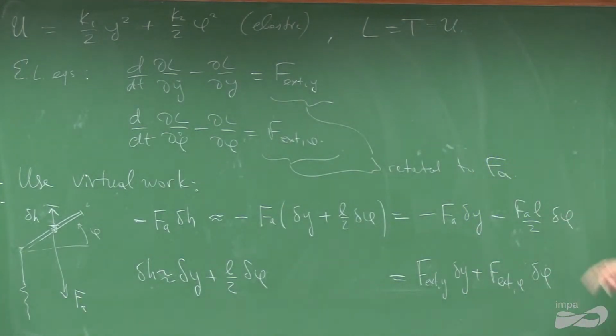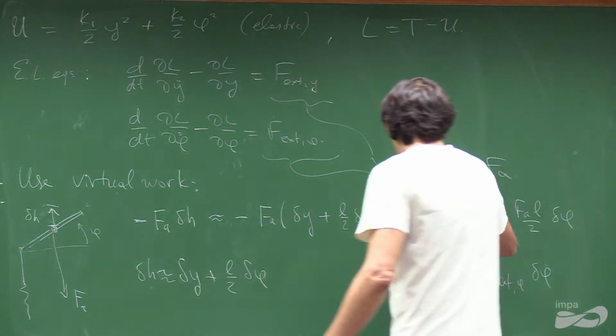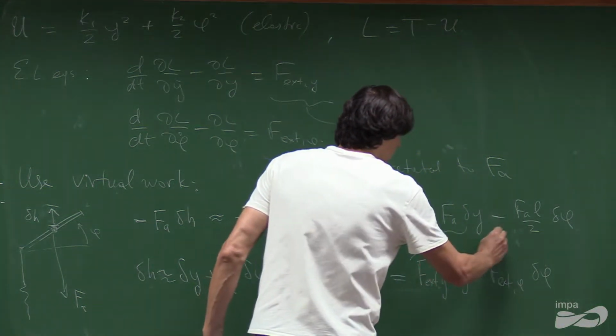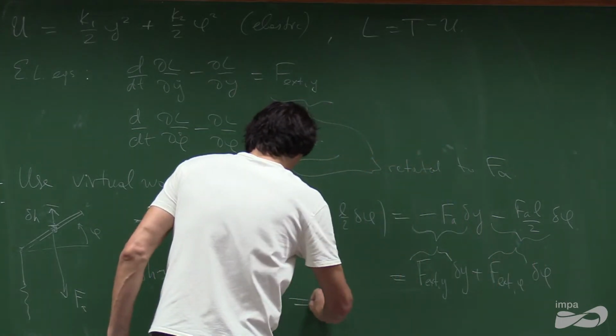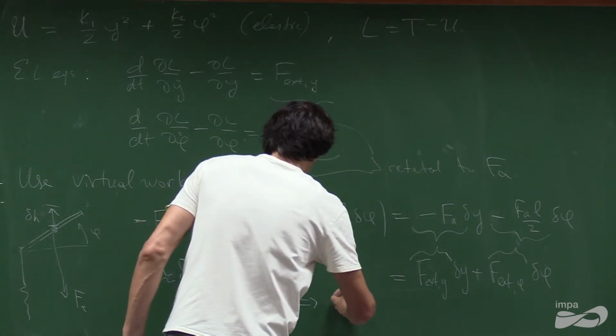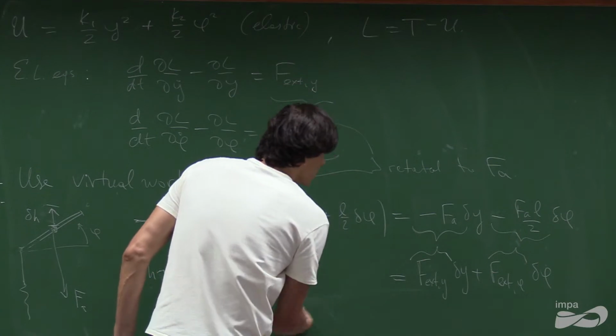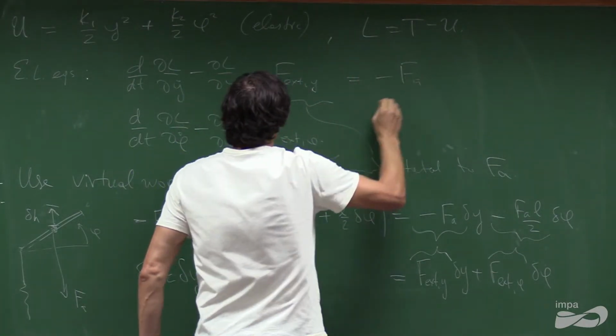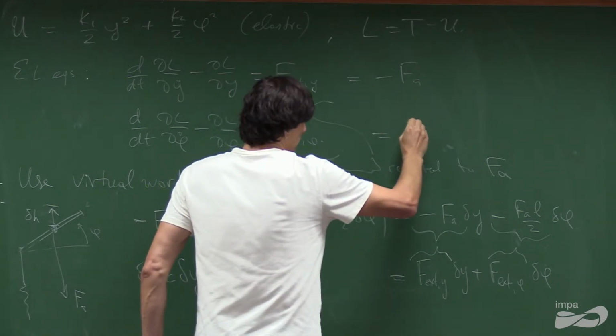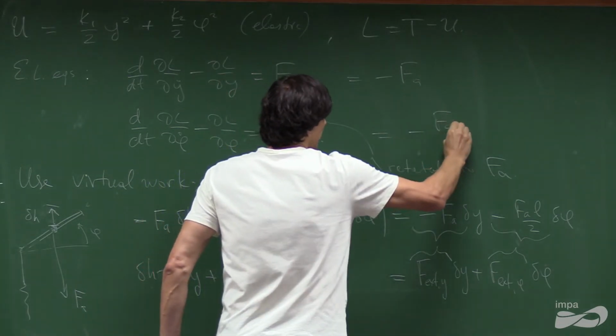And the equality should be for arbitrary virtual change of the coordinates, which gives us that this is equal to that, and this is equal to that. Right? So we find that this is minus Fa, and this is minus Fa L over 2.